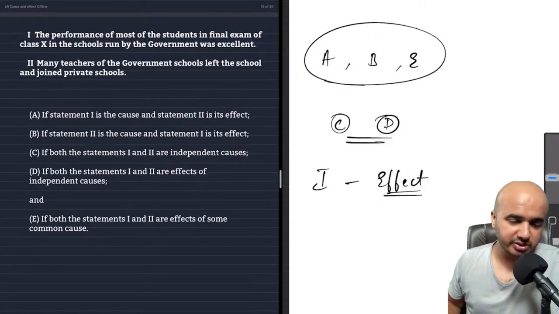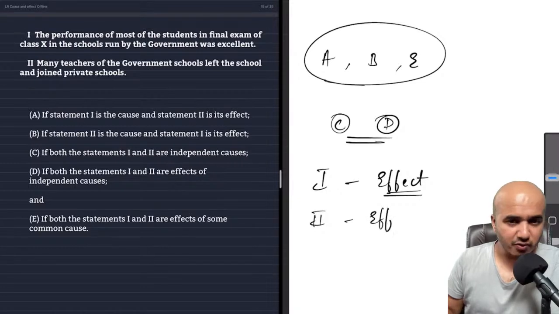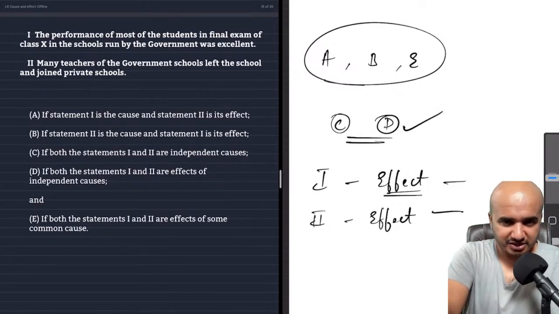Maybe because the government was not paying a good or competitive salary, all those government teachers left the government job and joined private schools. So statement 2 also looks like an effect of some cause. So these two are effects of independent causes, not causes themselves. Therefore option D seems to be the most likely answer.